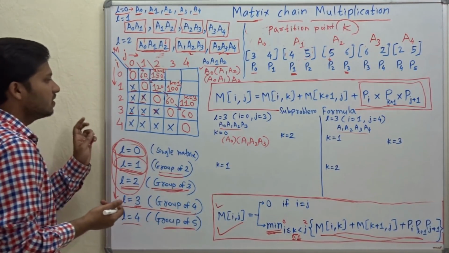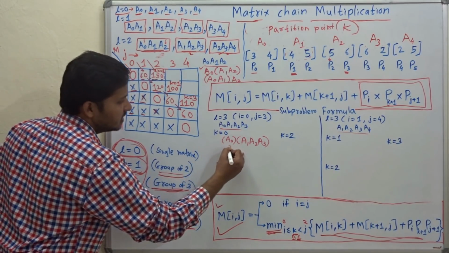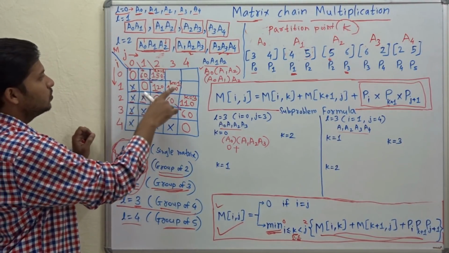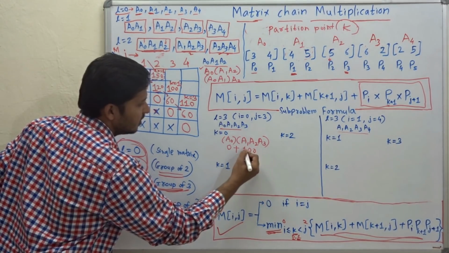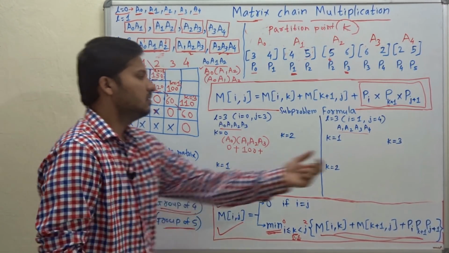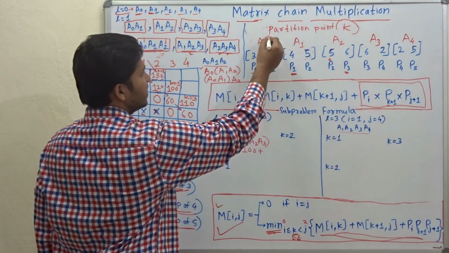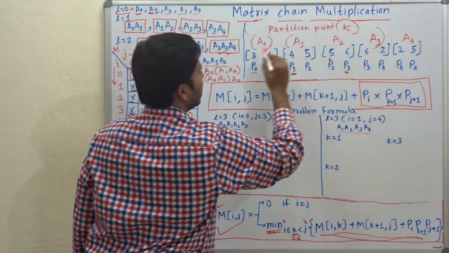Now, let's calculate the cost. For 0, 0, the cost is 0 plus A1 to A3, means 1 to 3. That is 100. The cost is 100 plus this factor. What is the first partition? First partition is A0 and the second partition is A1, A2, A3.